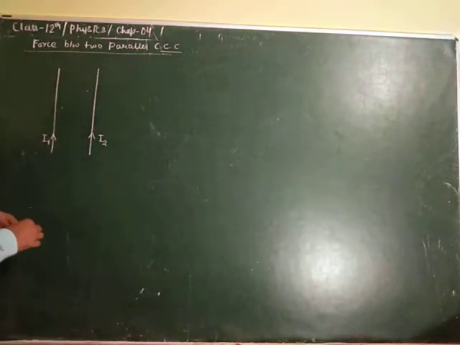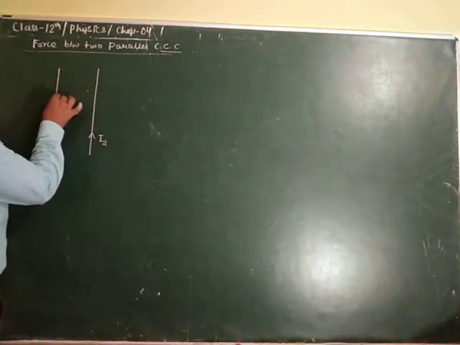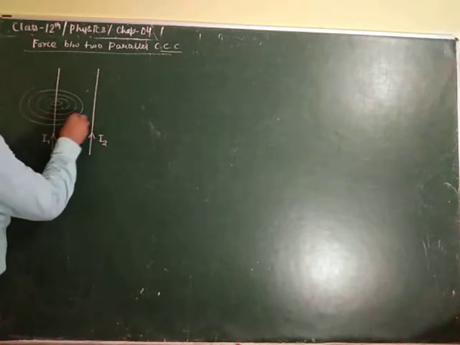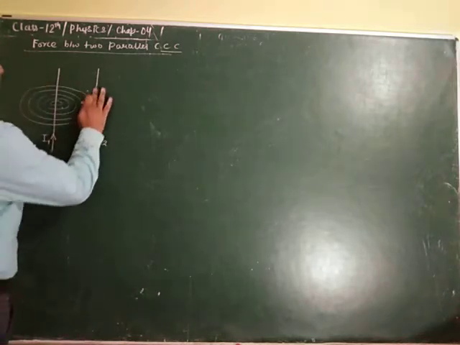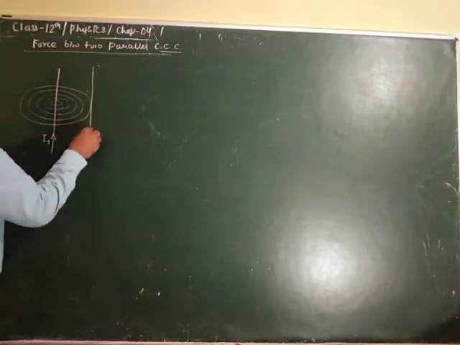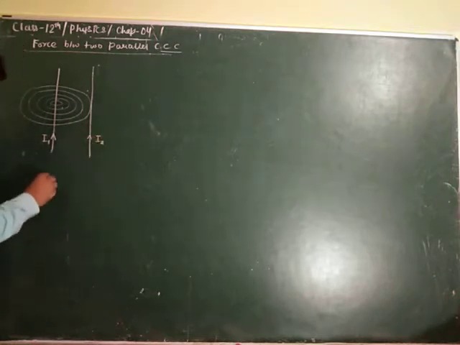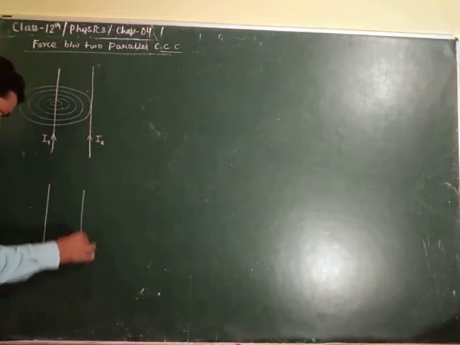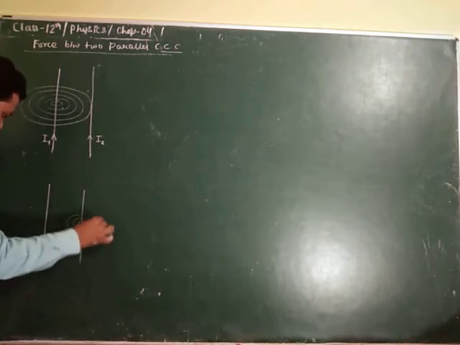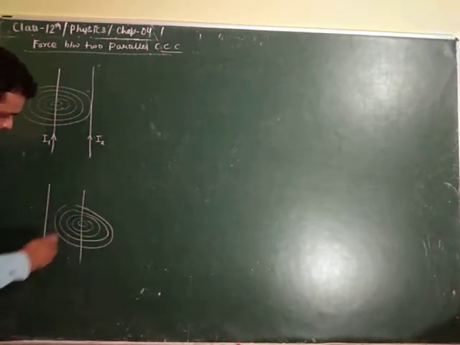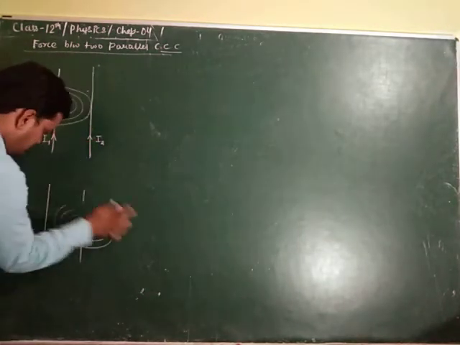That is, let me create the magnetic field of this one. I am showing here the magnetic field due to this conductor, and this other conductor is just lying in its field. In the next diagram, I will produce the magnetic field of this second conductor. Let me draw it.